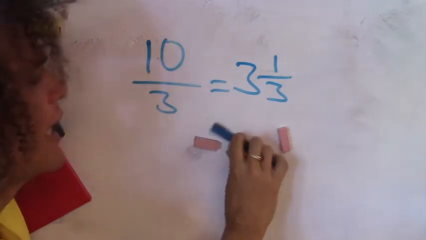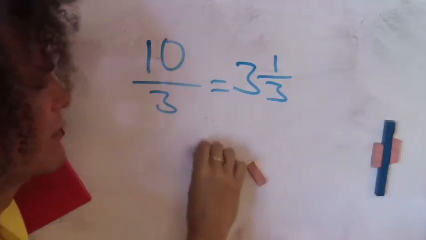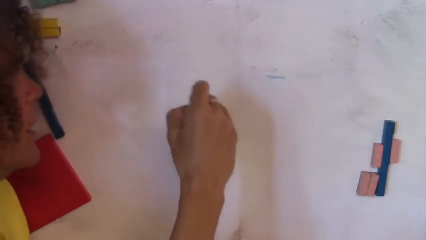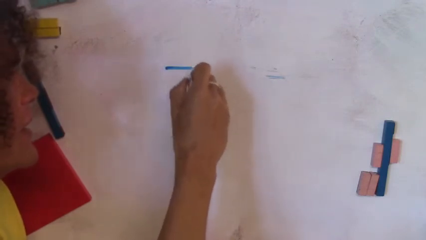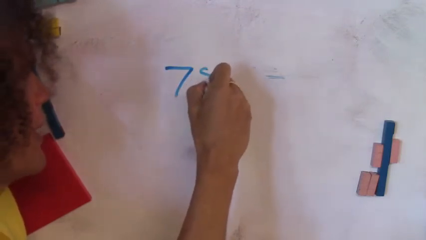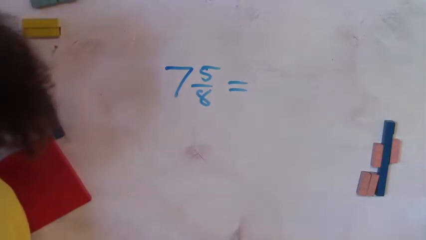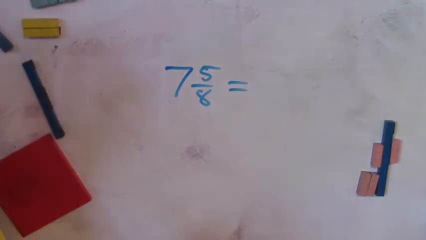So now, if I have a problem like this and I want to convert it into a mixed number, let's say I had 7 and 5/8. What would be the improper fraction?